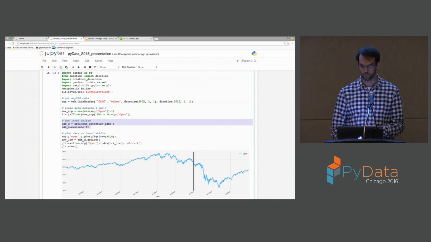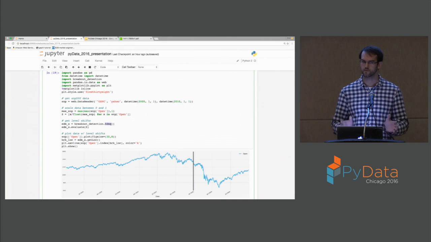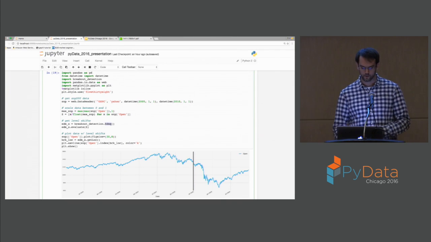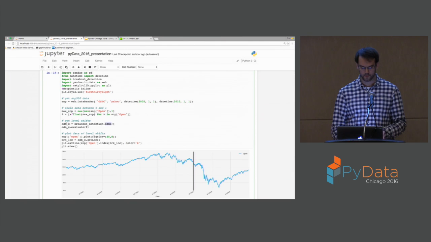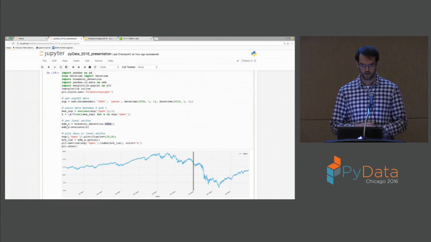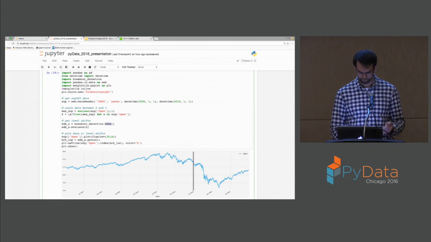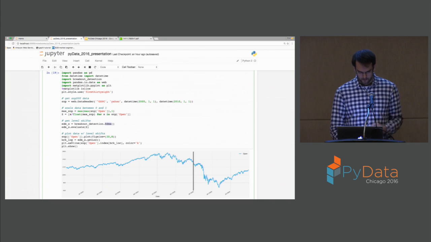You specify which one you want. EDMX is the standard one. They have a few versions, but EDMX is the standard one. Then when you call evaluate on Z, where Z was the scaled data of the time series, evaluate finds the breakout detection and stores it in a property of EDMX.